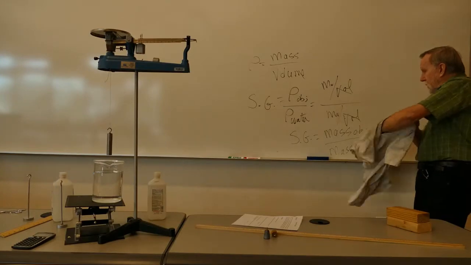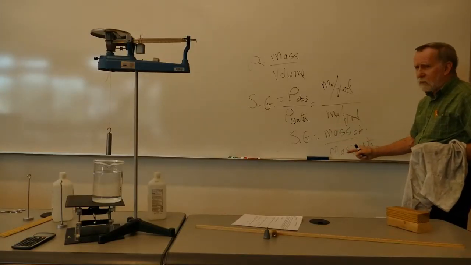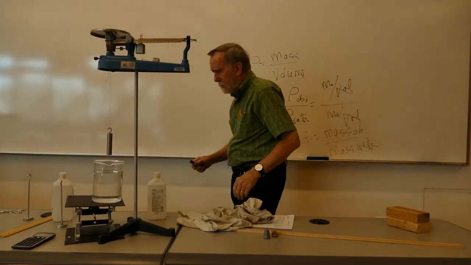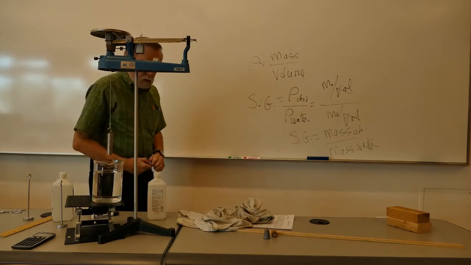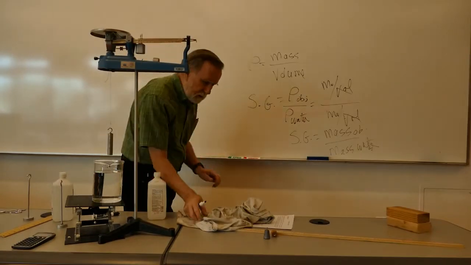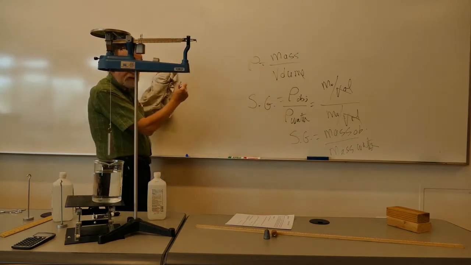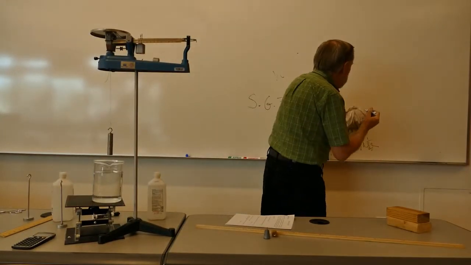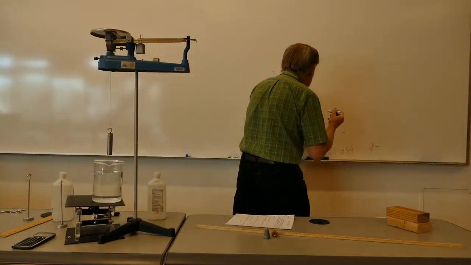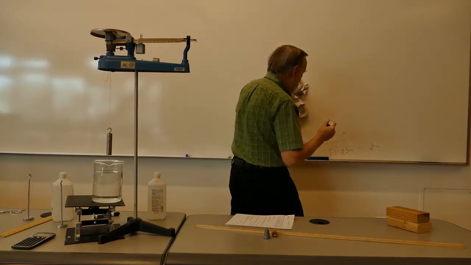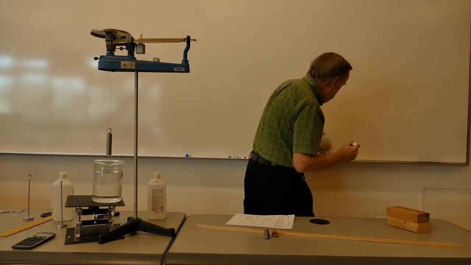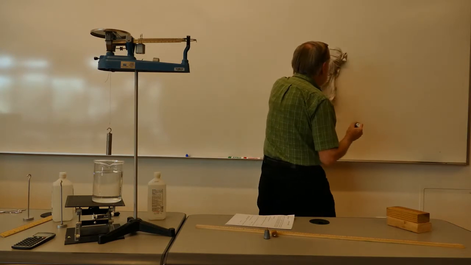We can use Archimedes' principle to do that. The specific gravity of a material is the mass of the material divided by the mass of an equal volume of water. Okay, so how are we going to do that? Well, remember what Archimedes' principle says. Actually they talk about weight, but we're going to use mass because the g in mg cancels out in the end.